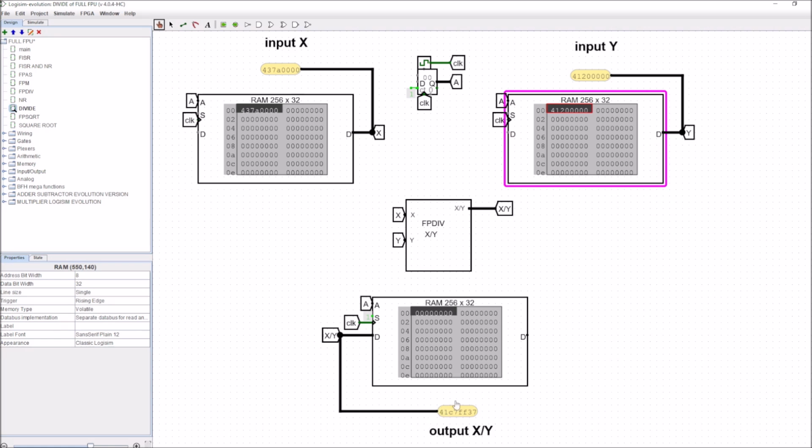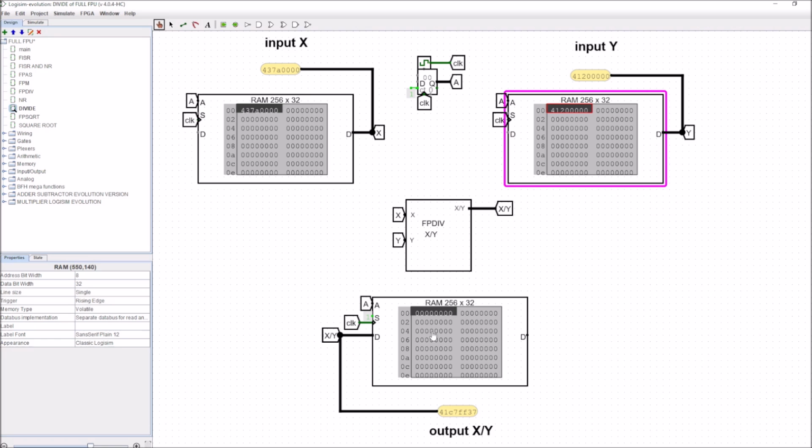But here's the answer here. Now the correct answer, of course, is 250 divided by 25, which should be a value of 10.